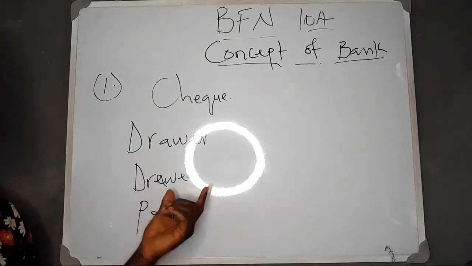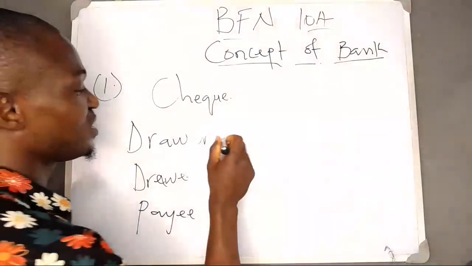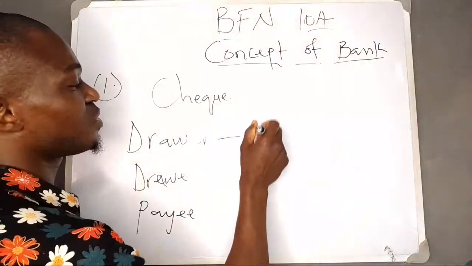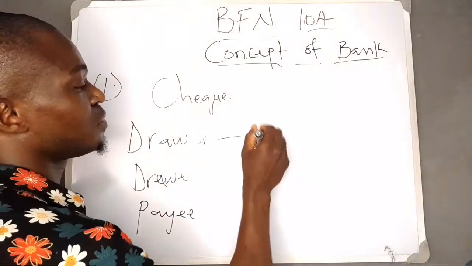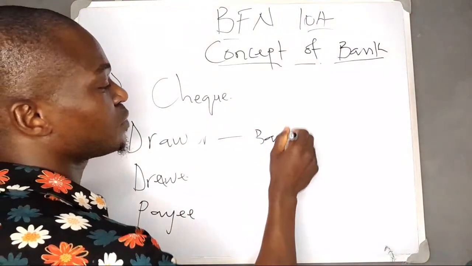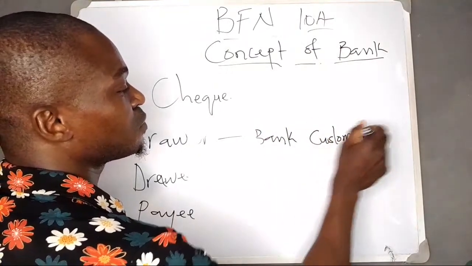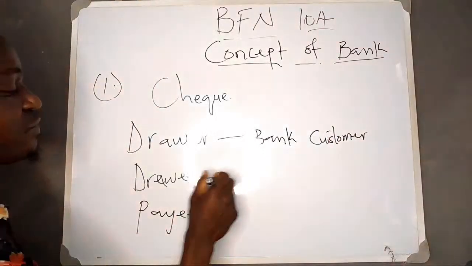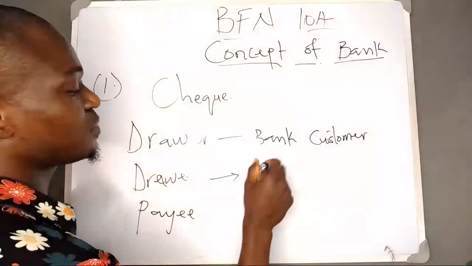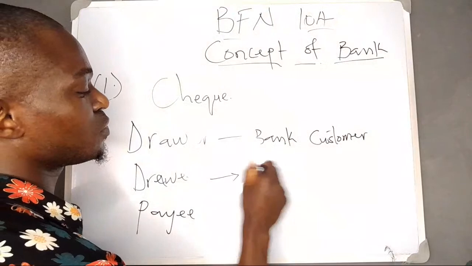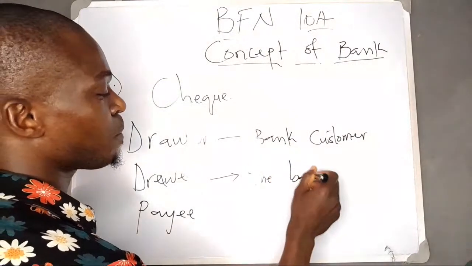The one presenting the check is the payee. The drawee, in this case, is the bank. We have the drawer, which is the bank customer. We have the drawee, which is the bank.